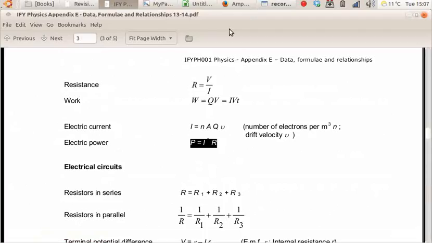There it is, I squared R. So he gives us the I and he gives us the R. Yeah, there you go. 161 watts.